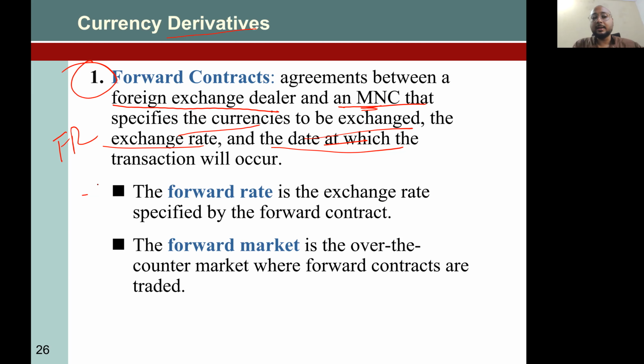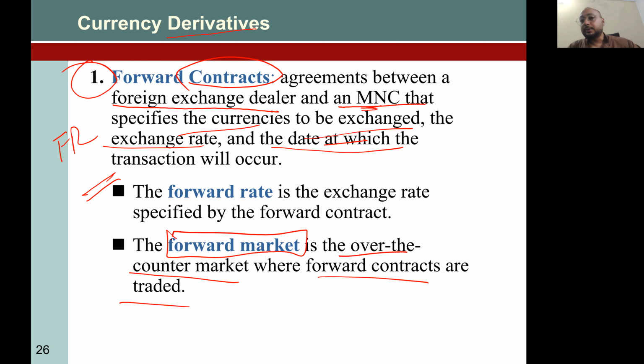So the characteristic is that we must have a forward rate, because no matter what the spot rate or market rate is, this is a contract and it is obligatory. The forward market is an over the counter market where forward contracts are traded and signed.